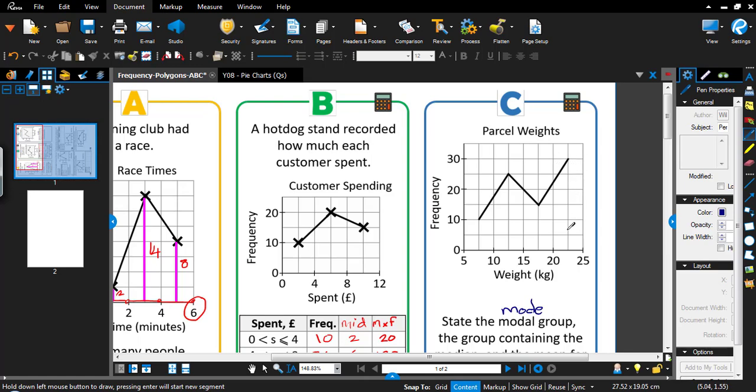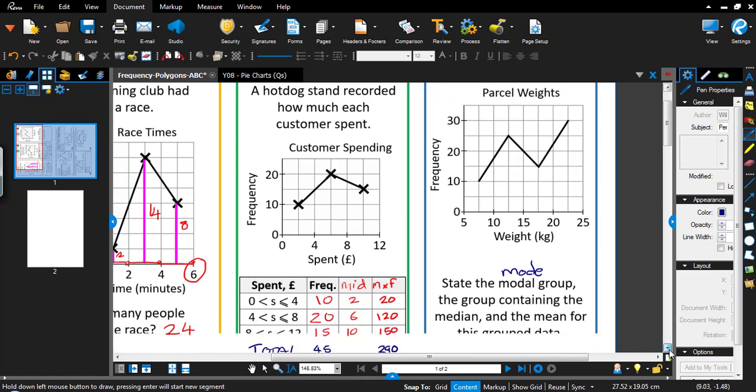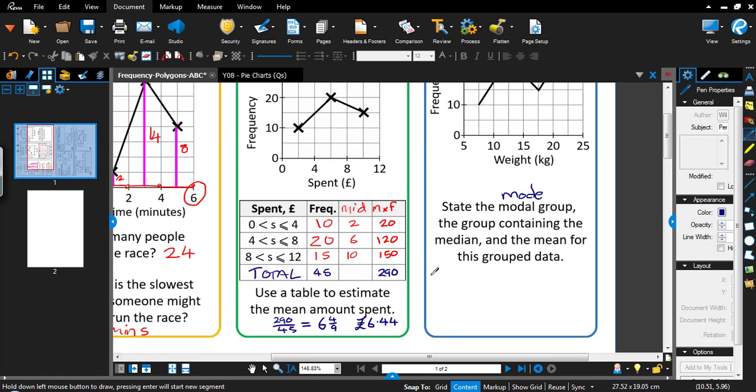Because this number here, 22.5, is right in between these two. So this is the highest frequency, and we know it's over this range, 20 to 25. So that's it. Modal group.